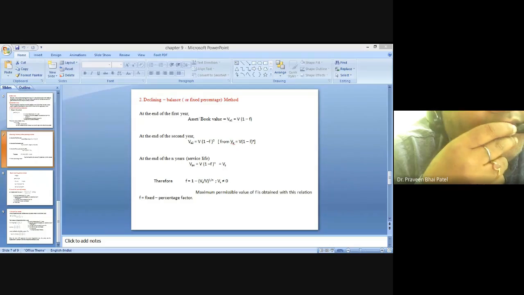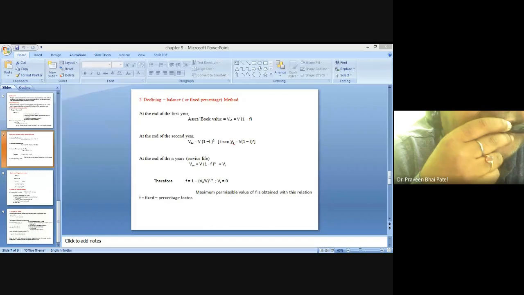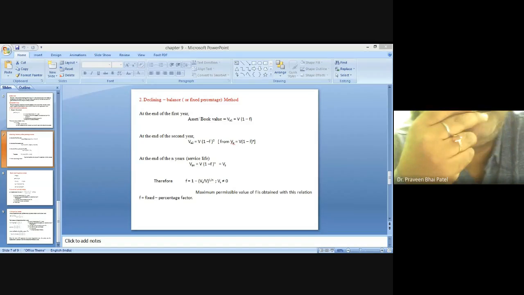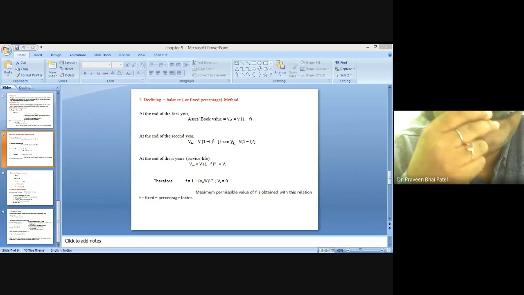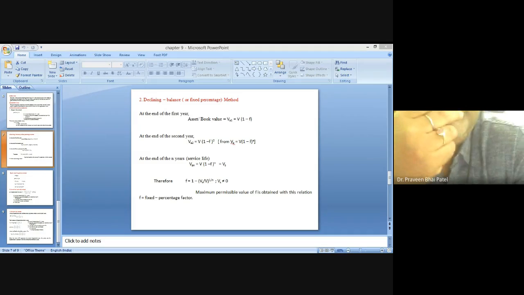As technology advancements are taking place regularly, this particular product may become obsolete and cannot be used. So whatever life period we have assumed may not be as expected. So this is one of the major factors.